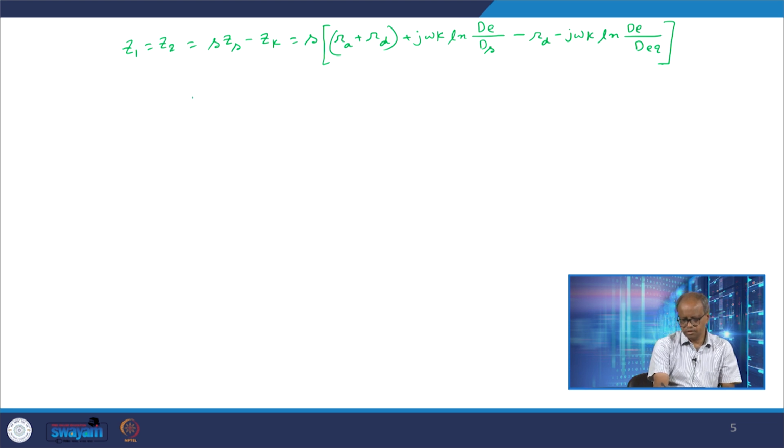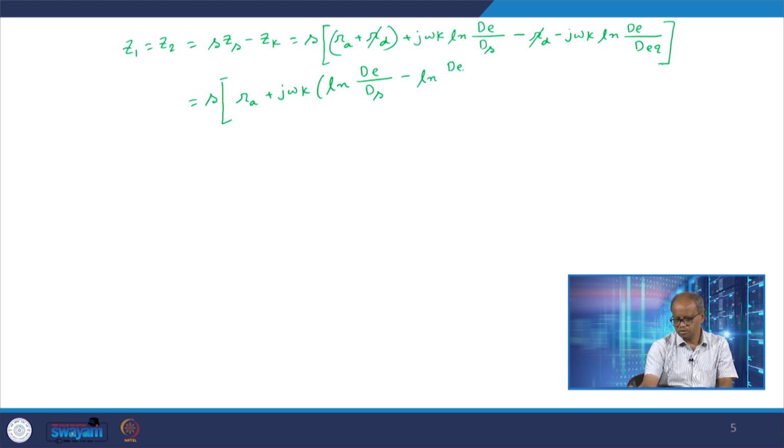Right. So then therefore I can write it down as, Rd cancels out, Ra plus j omega k then log d by ds minus log d by dq.